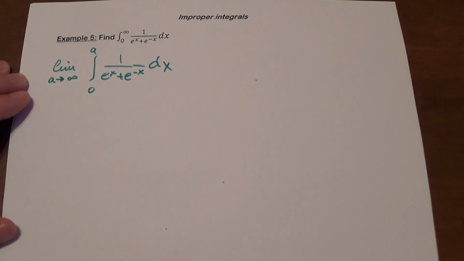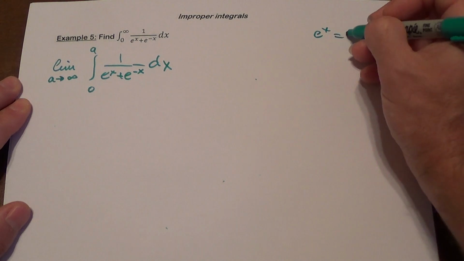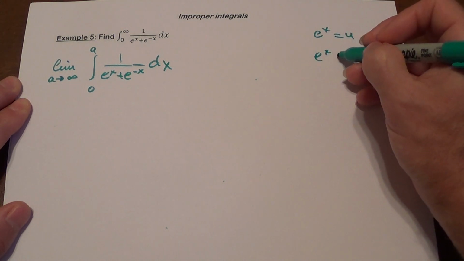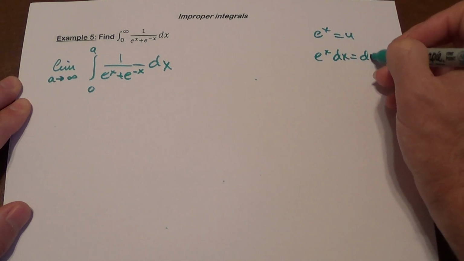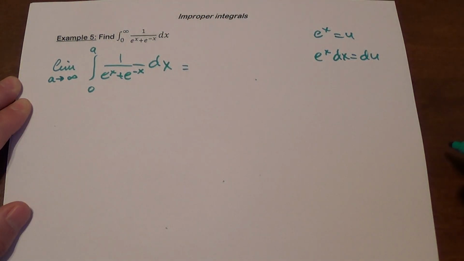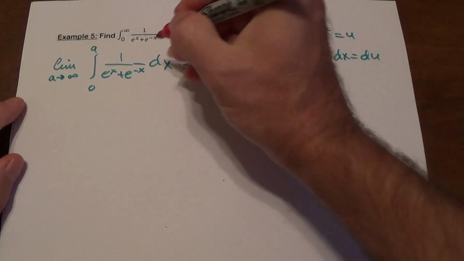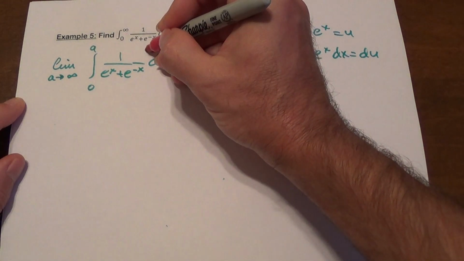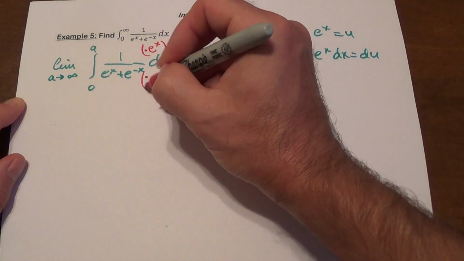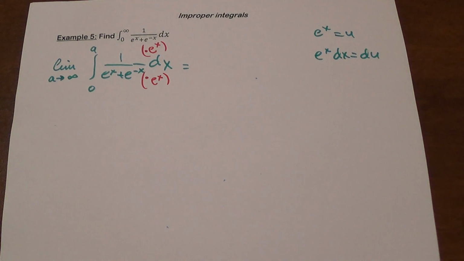What we're going to do is set e to the x as u, so e to the x dx is going to be du. We are going to multiply the top and the bottom by e to the power x, to get rid of that negative exponent.